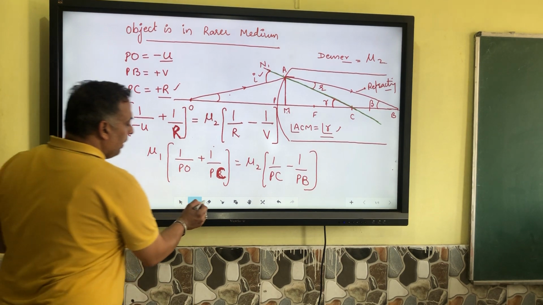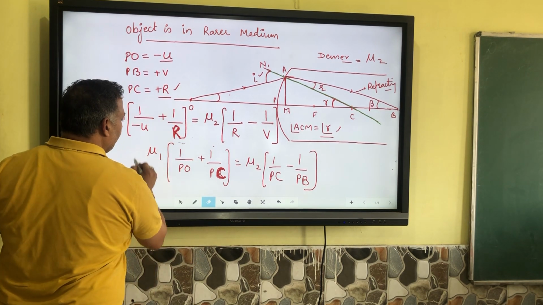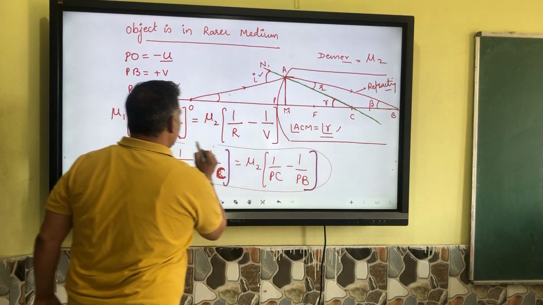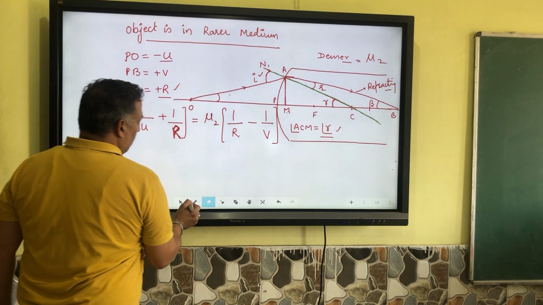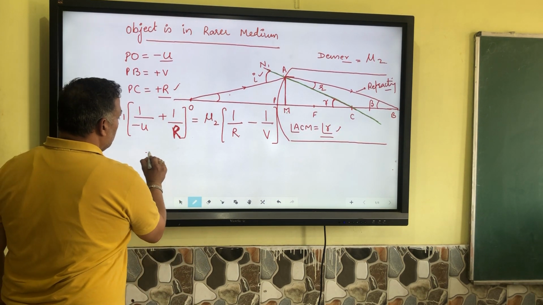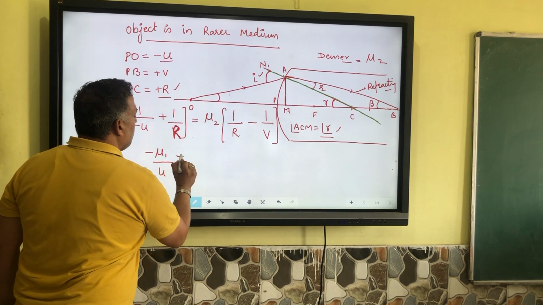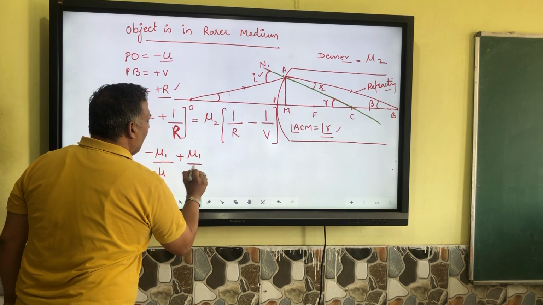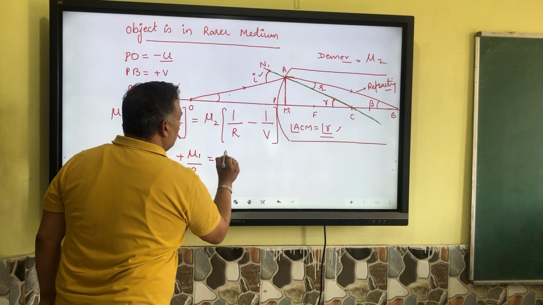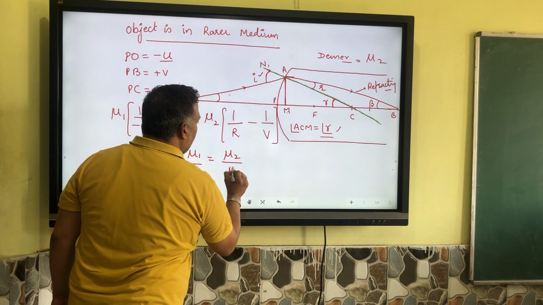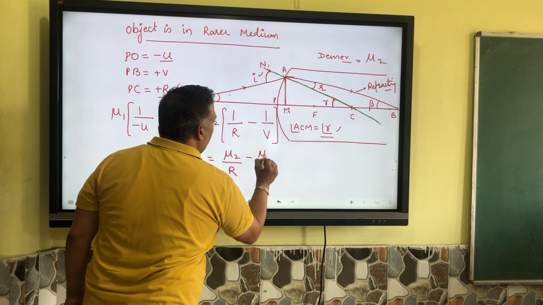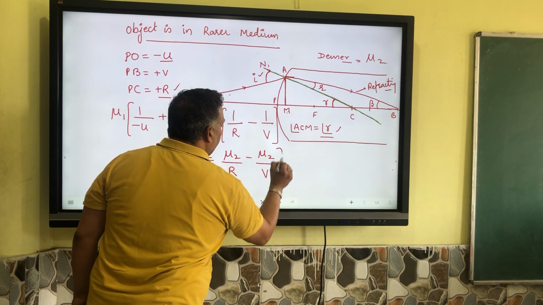Solving it now, minus mu1 upon u plus mu1 upon R is equal to mu2 upon R minus mu2 upon v.